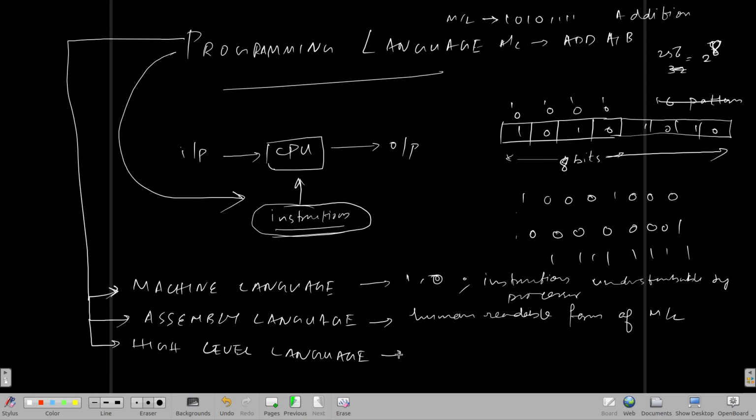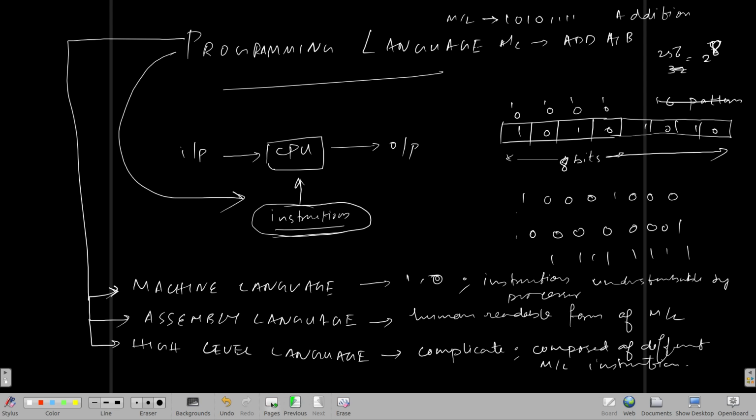But when it comes to higher level language, it is more complicated, and each sentence is composed of different machine language instructions. Anyway, we don't have to go into detail on what machine language is and how assembly language is done. We'll be basically dealing with high level language, right?